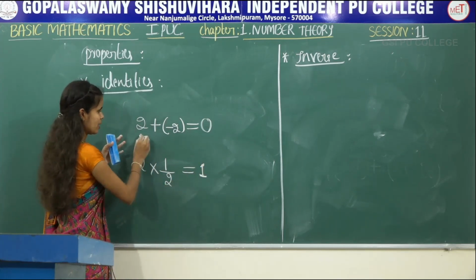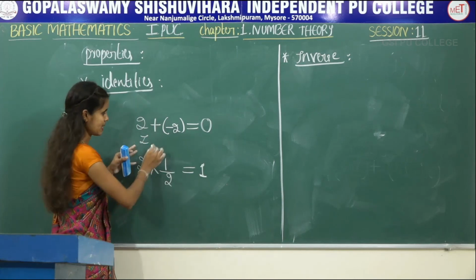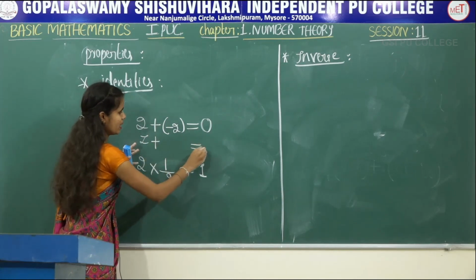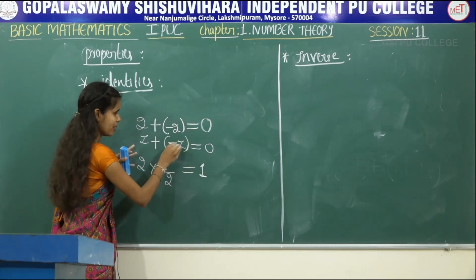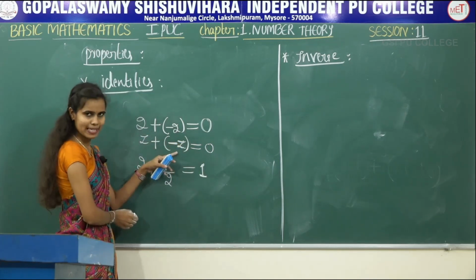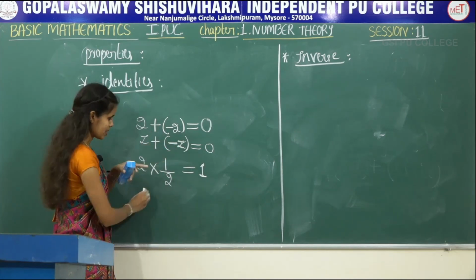In general, in place of 2 consider z. We want the additive identity, so consider minus z. The negative of that number is called the additive inverse.